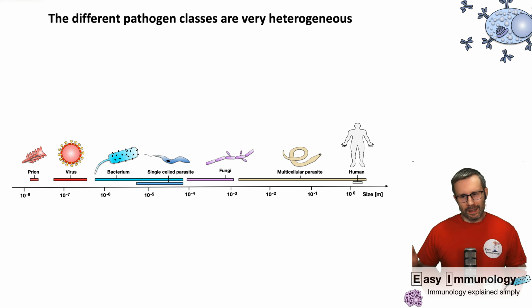So you see, there's a huge, vast difference already in terms of size of these pathogens. And therefore, you can probably very easily understand that the immune system needs to develop quite different mechanisms to cope with these different pathogens. And this is what we want to look at today.